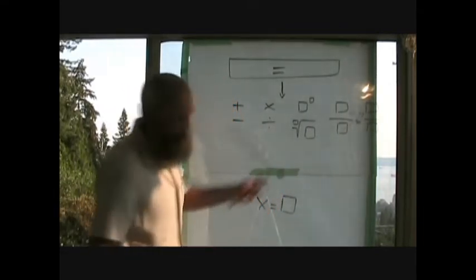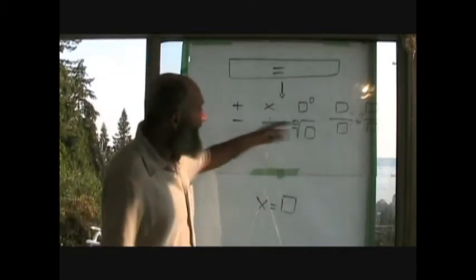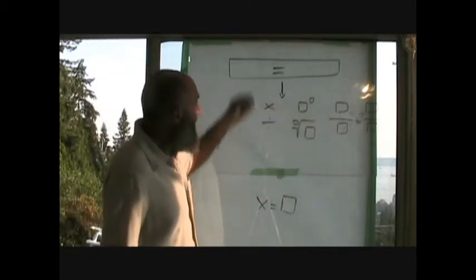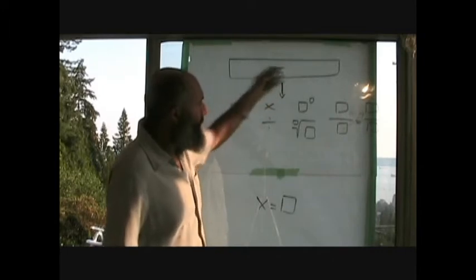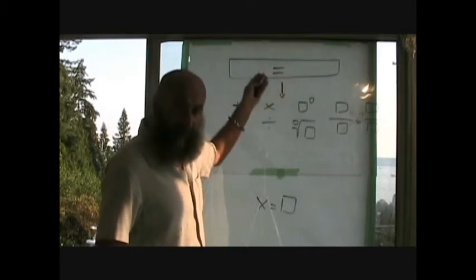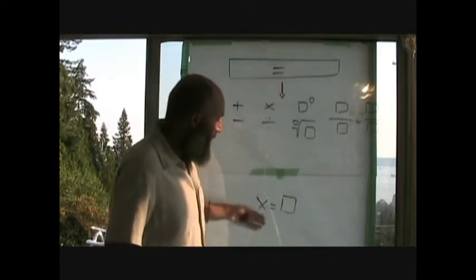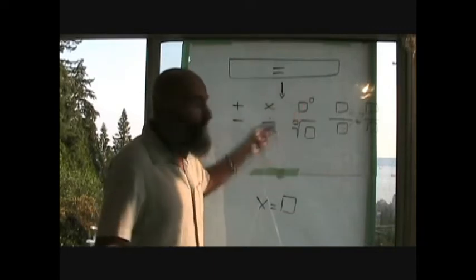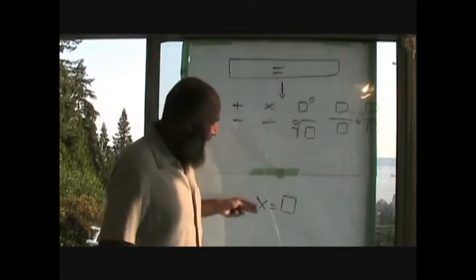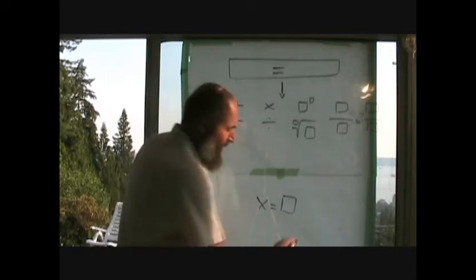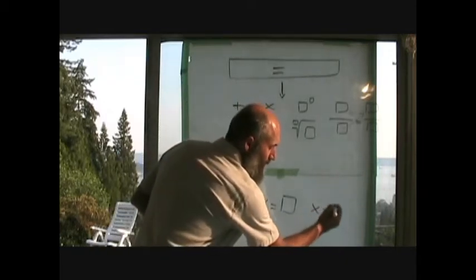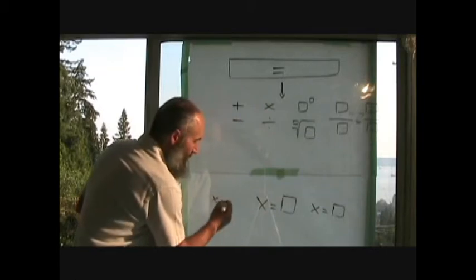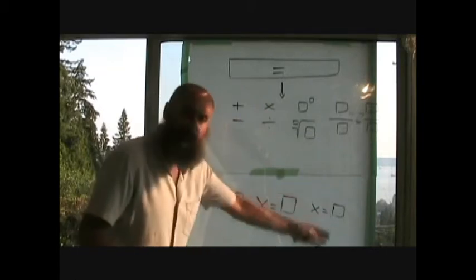Okay? We're going to have to introduce new rules in addition to these rules that we have, to be able to crunch more complex equations to get to the answer. And usually more complex equations have not just one x answer. Sometimes we're going to get multiple x solutions. Okay? There could be multiple x solutions.